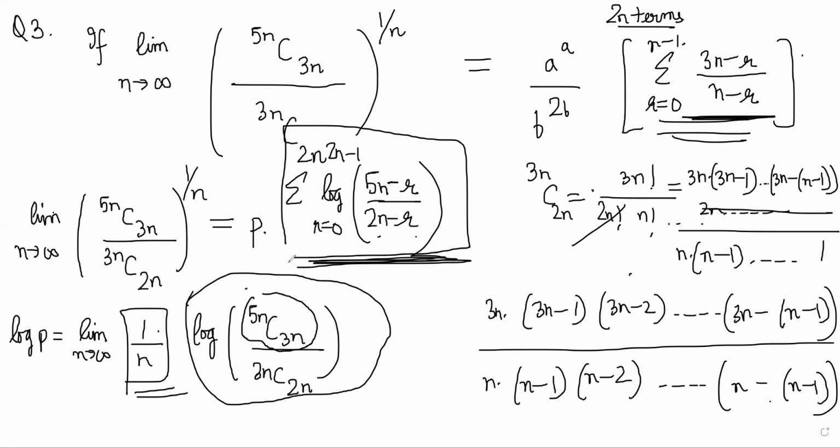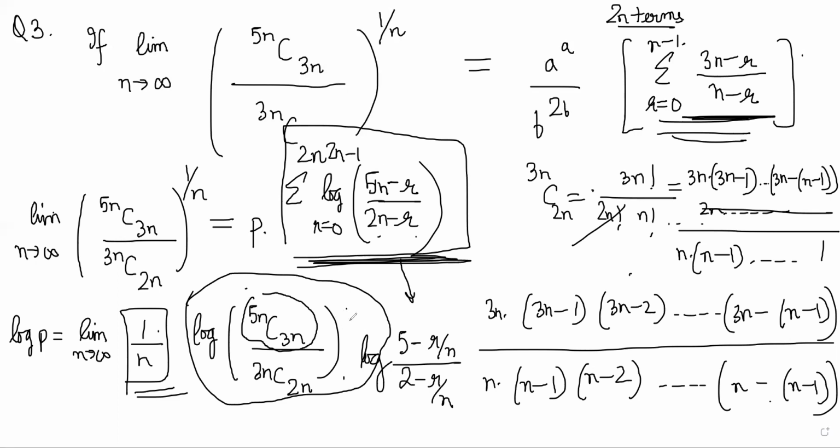And then each of them can be written as a separate integral, because I can write this as, for example, log 5 minus r by n by 2 minus r by n, right? So it is a function of r by n where r goes from 0 to 2n minus 1.